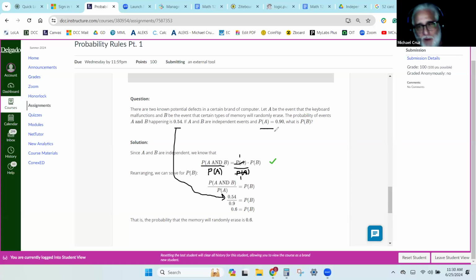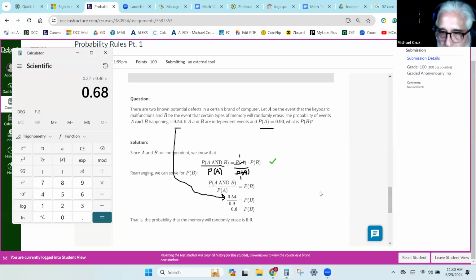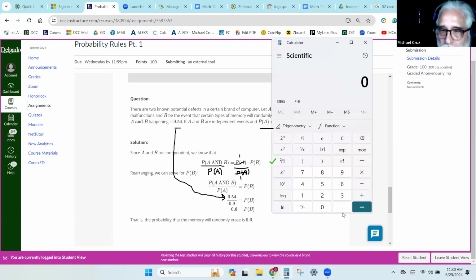Now, you got to be mighty careful about this because it's easy to do. You're always going to have that larger number on the bottom. If you turn that around and put 0.9 over 0.54, you're going to end up with an invalid probability because it would be greater than 1. So that formula is going to be very helpful. They have a lot of things in here that use that. So 0.6.